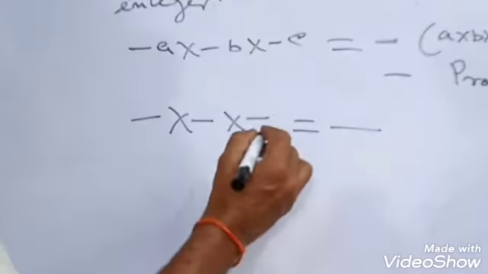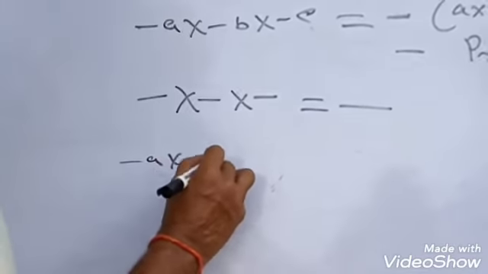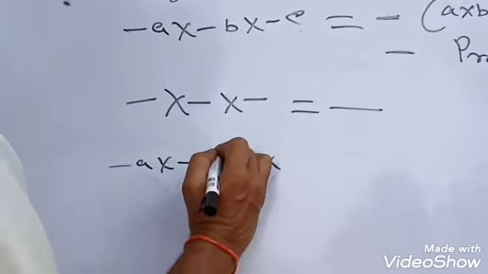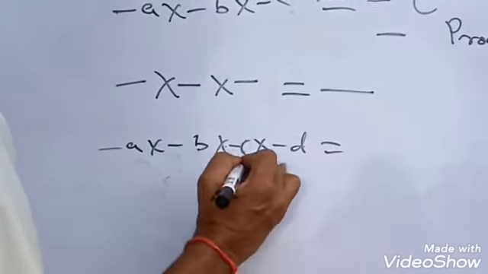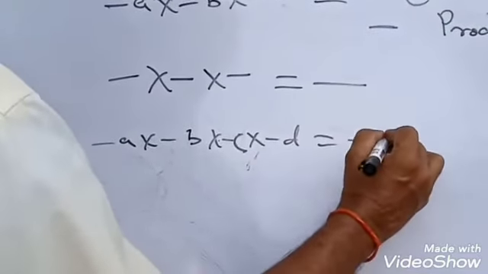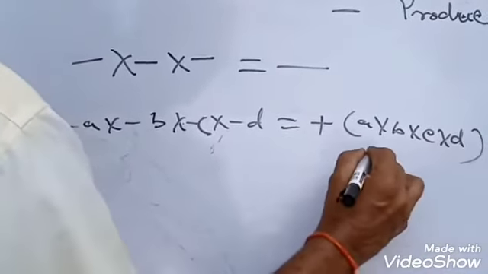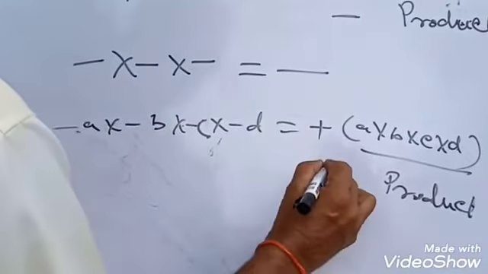Or here, minus a into minus b into minus c into minus d is equal to plus a into b into c into d. The product sign is positive.